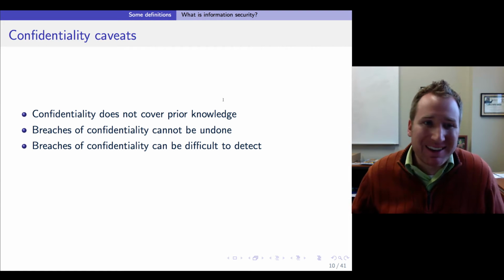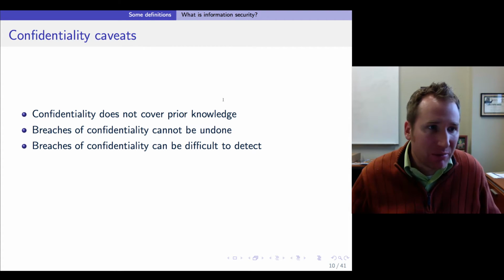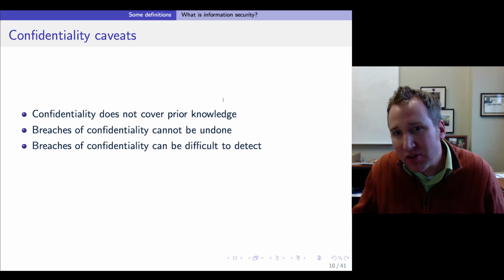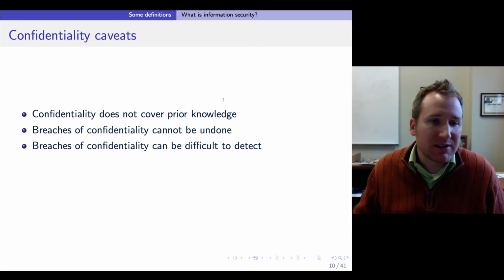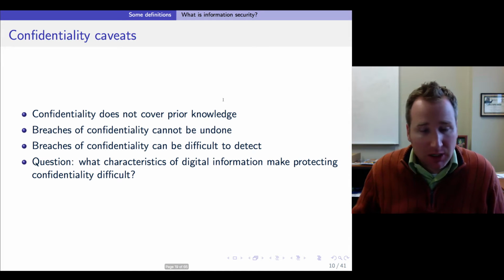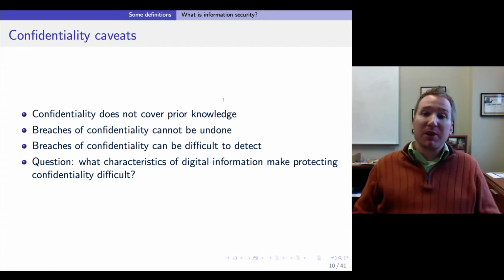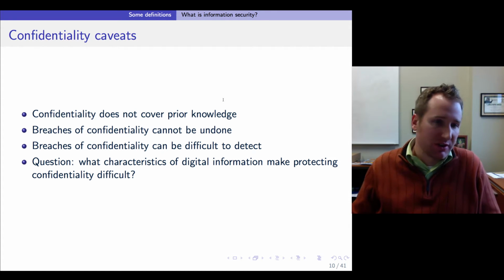Well, in the case of a breach of information, someone has just accessed the data. You may not even see any trail at all. So this makes detecting that a breach has occurred very hard. So a question, again, for discussion in class is, what characteristics of digital information make protecting confidentiality difficult?